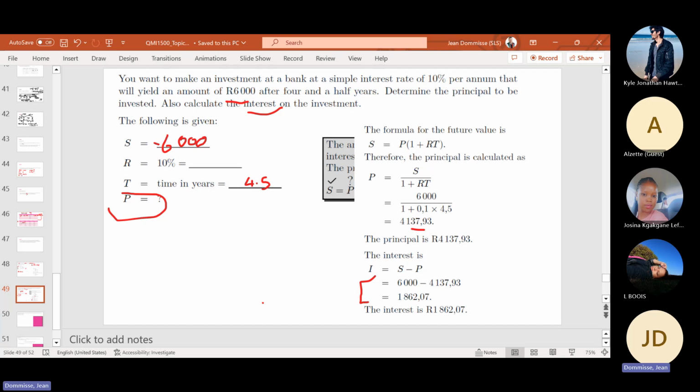The value was 6,000, and you worked out that the principal would be 4137. So if you just subtract those two, you will get 1862.07. So that is if you needed to work out the interest component.